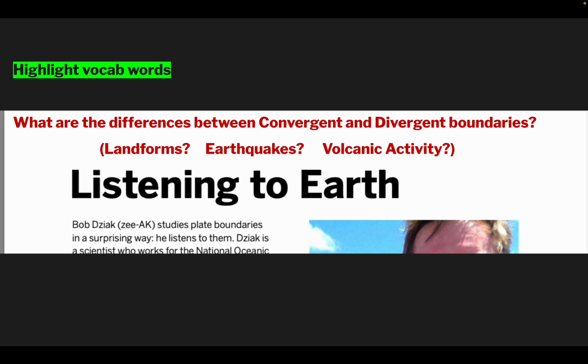They talk about convergent plate boundaries and what types of landforms are there, whether or not earthquakes occur at the plate boundary, and whether or not there's volcanic activity at the plate boundary. And then the same with divergent boundaries. So this is really good textual evidence that you are going to use to fill out a graphic organizer tomorrow. So I need you to come with this finished and ready to go.